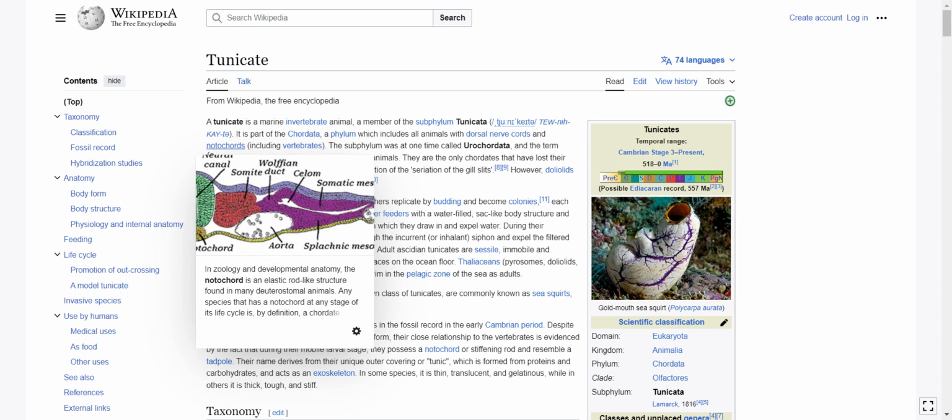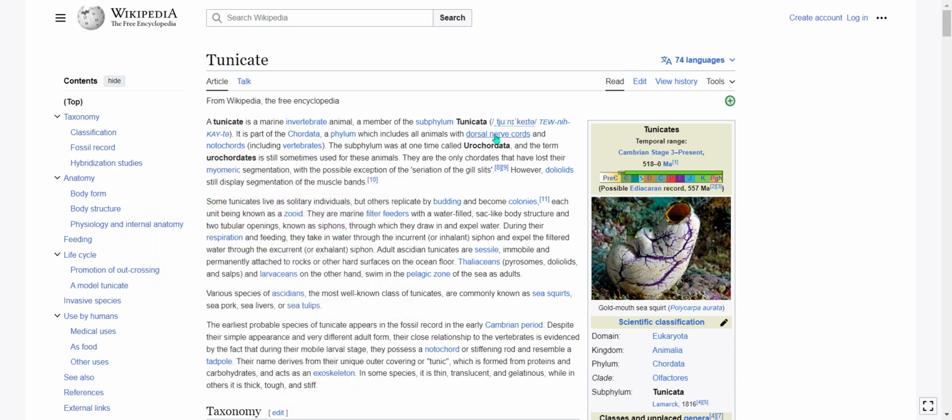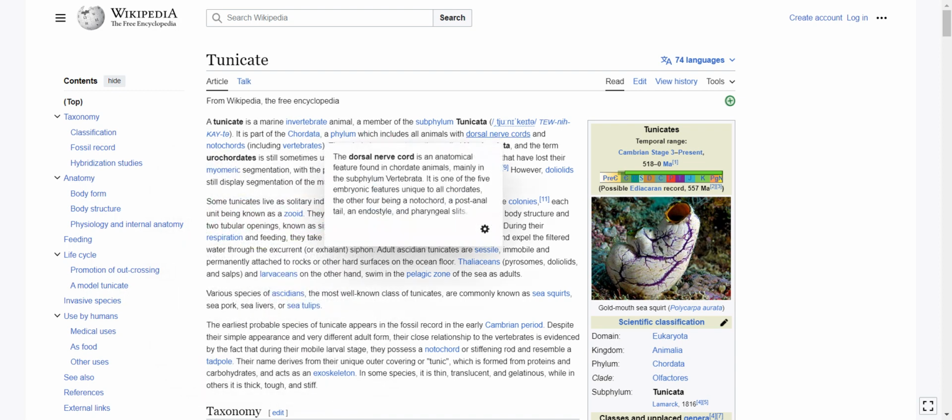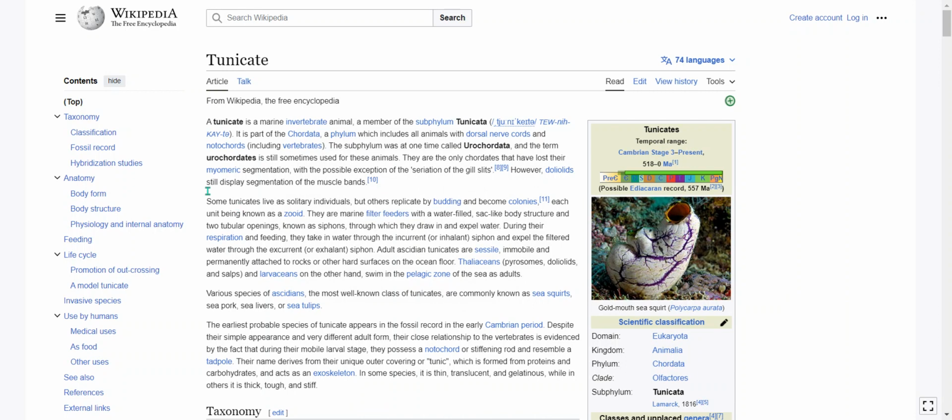Any species that has a notochord at any stage of its life cycle is, by definition, a chordate. Dorsal nerve cords. I don't feel like that would actually teach me anything there.